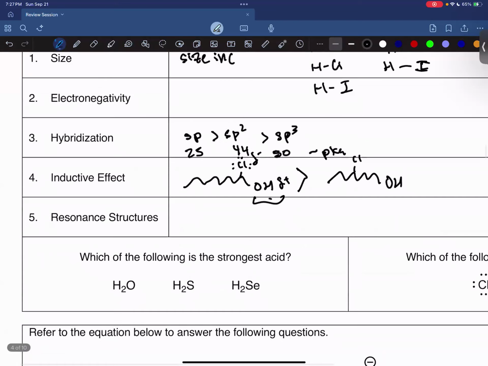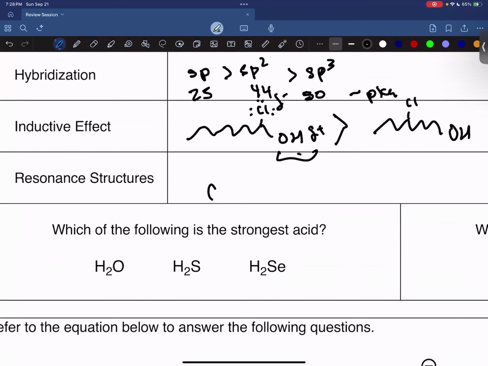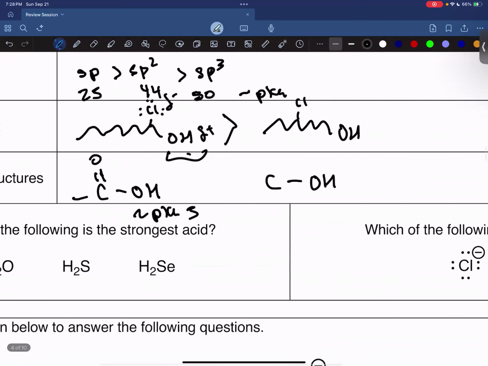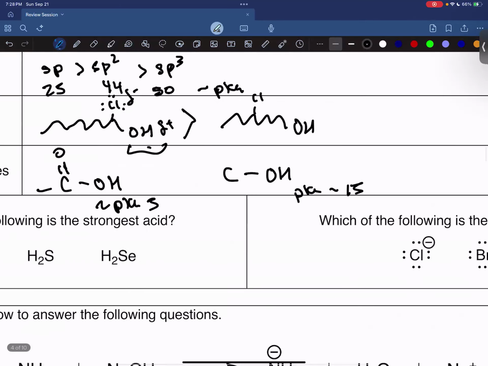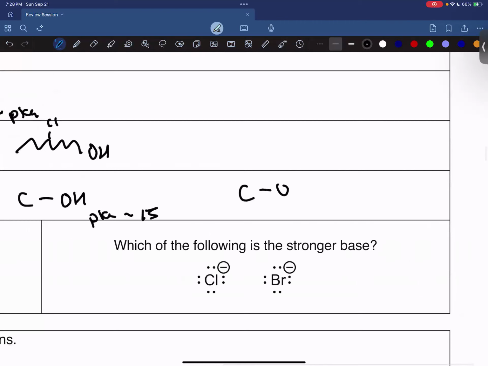And finally, resonance structures. I don't think you guys have gone over resonance at all, but the easiest explanation is a carboxylic acid versus just an alcohol. You can see that for the carboxylic acid, the pKa is about 5, which I think you're expected to know. The pKa is 15 for alcohols. If you look at the conjugate bases, this pair of electrons in the pi bond can go down.